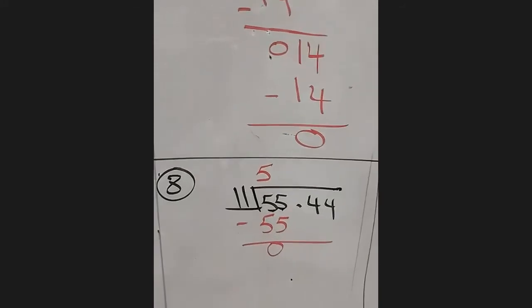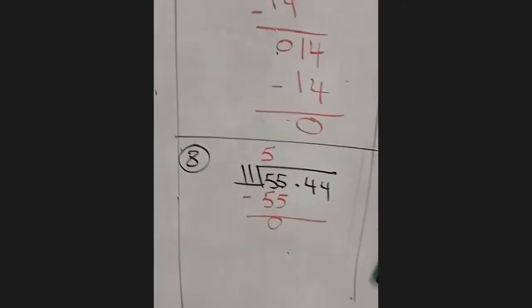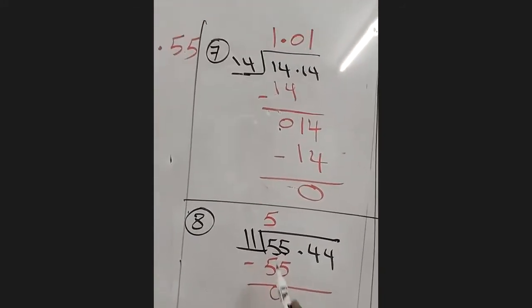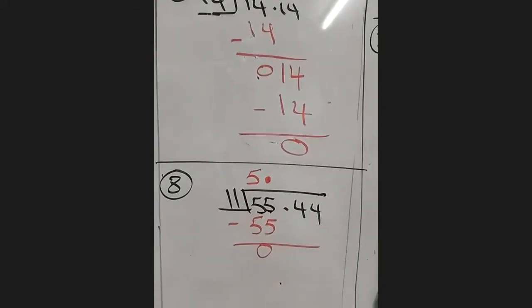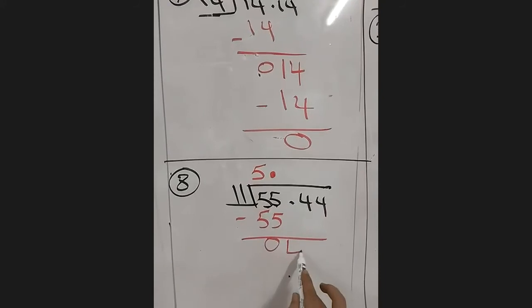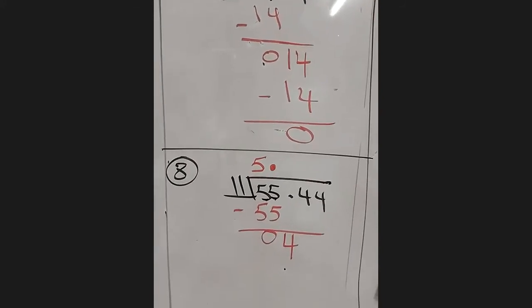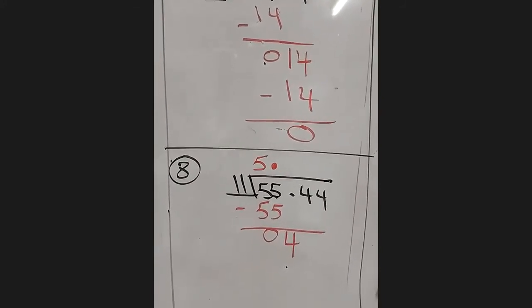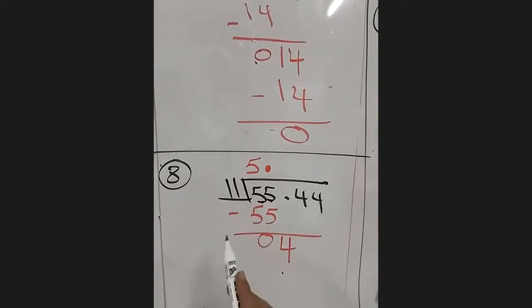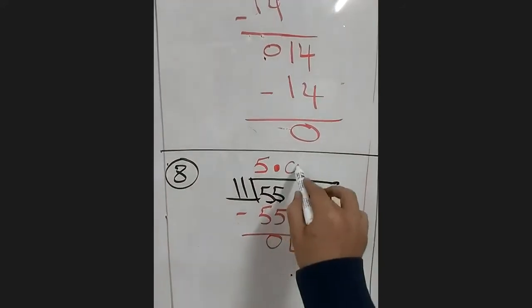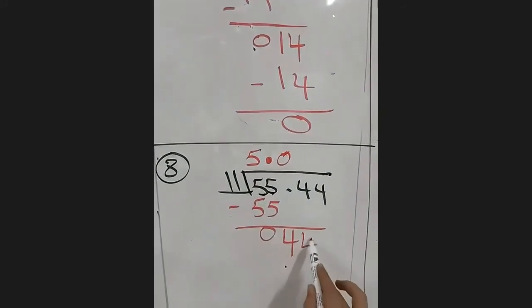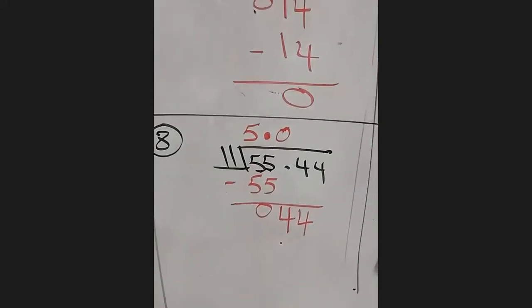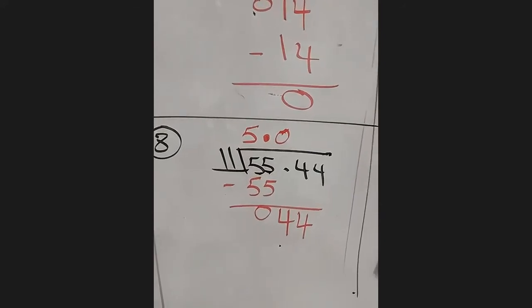Minus 0. Then put the decimal in the quotient. Put the 4 down. 4 divide 11 we can't, so we will put 0 in the quotient. Then get the 4 down.